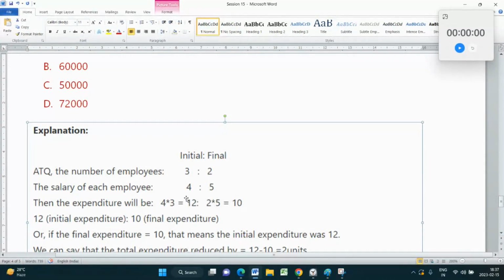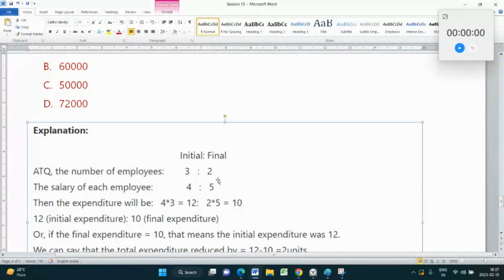Earlier they were expending 12 and now they are spending 10 units. You can take it as 10 units. Earlier it was 12 units and now it is 10 units. If they were giving 4,000 rupees, it was 12,000 rupees. So 4 units, there is 1 unit there.